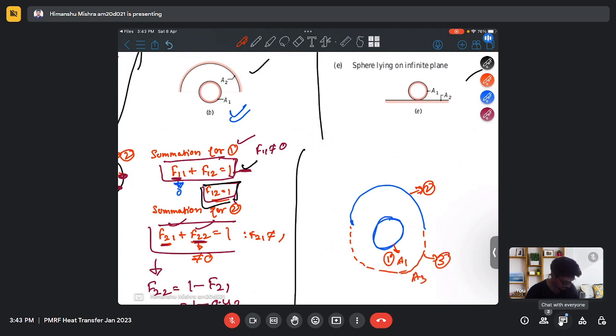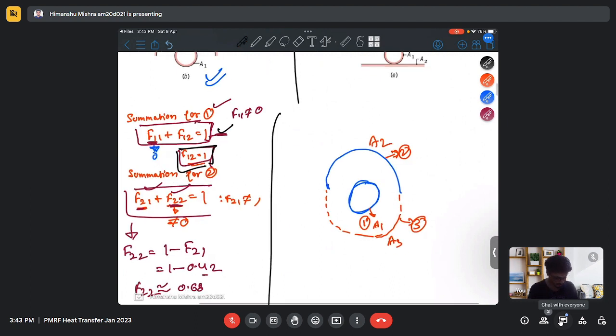This is A3, this is A2, and this sphere is actually placed at the center.